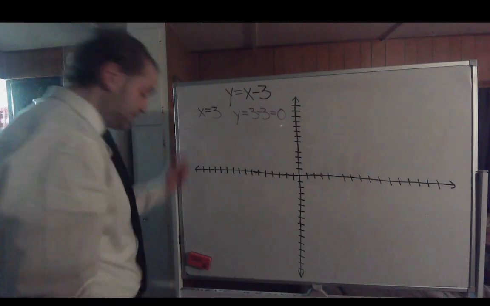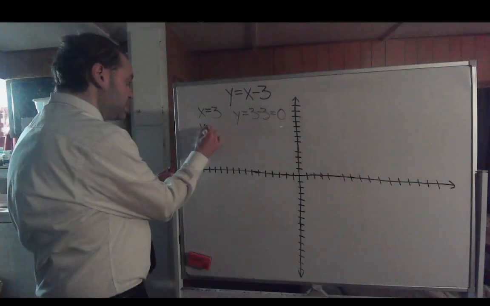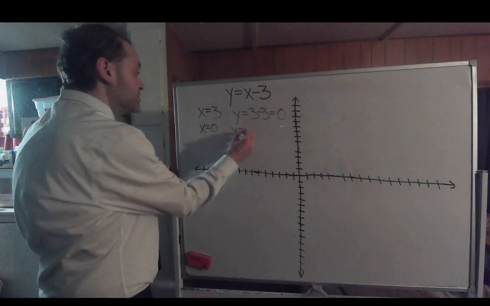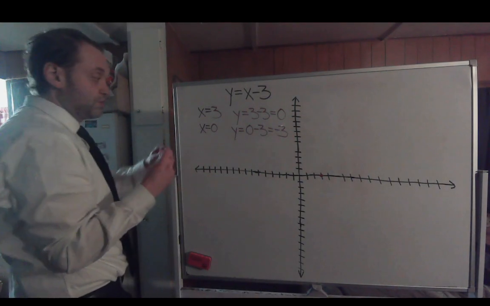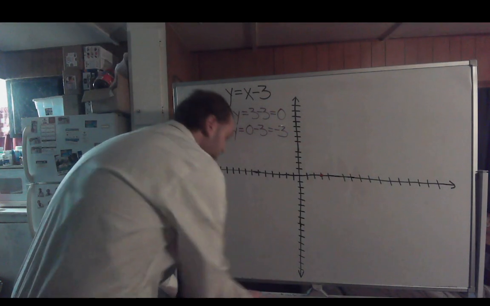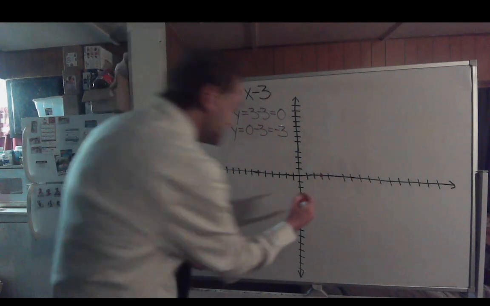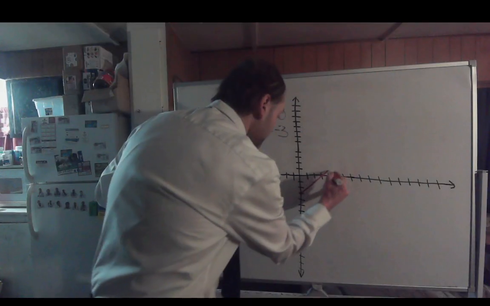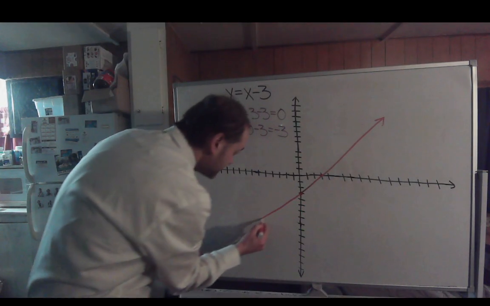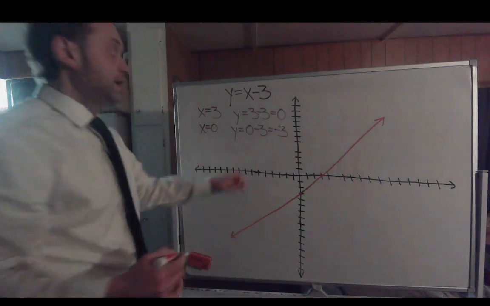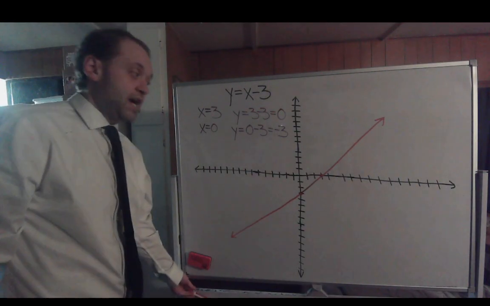If I put in x equals 0, of course, I would get y equals 0 minus 3, which would give me negative 3. So the point 0, negative 3 would also be a graph of this. So I think 2 points will suffice. Now you just simply connect your dots and you have a line. And this here would be the graph of y equals x minus 3. Just find about 2 points and you graphed your line.